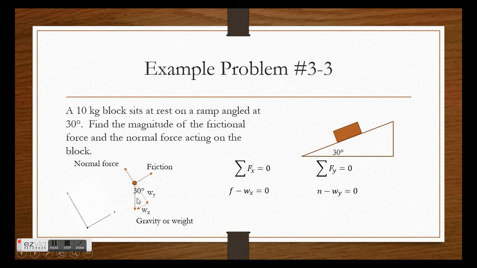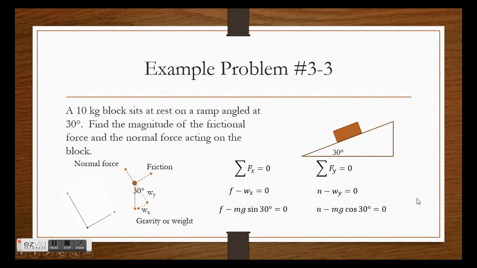And we can actually show that here if we were to pull all this over here. If we draw that line in the weight, that angle is 60, which would mean that the angle with that perpendicular must be 30. So what this would mean is that Wx would be equal to mg sine of 30, and Wy would be mg cosine of 30.